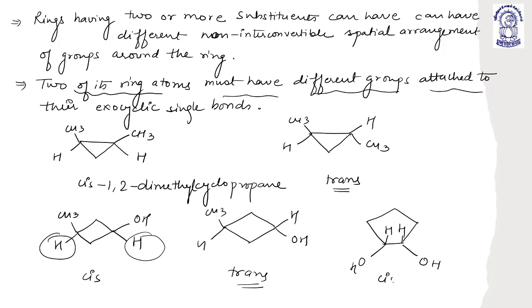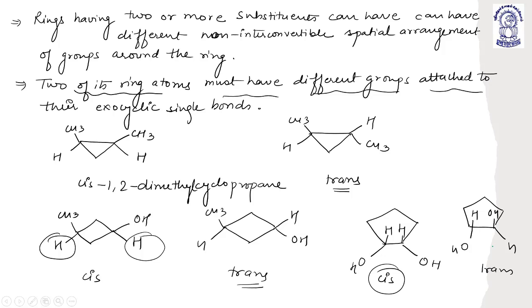This is cis. This is trans. So all these are the cyclic structures you can see.